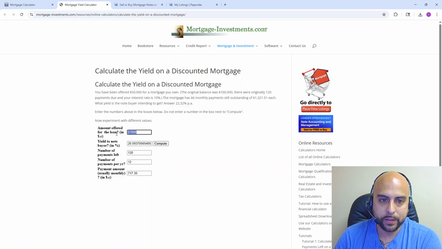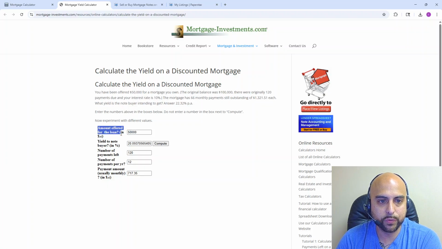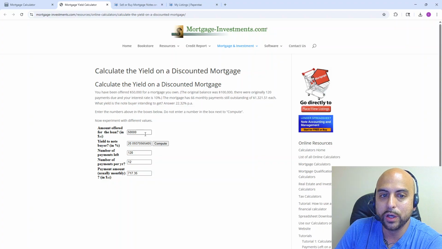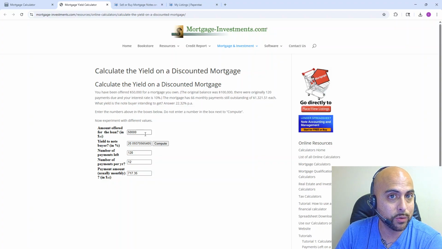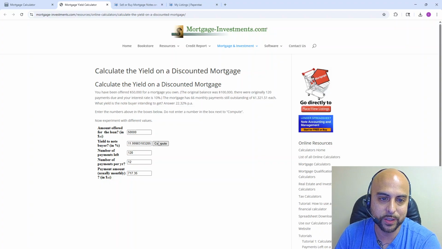And then finally, the amount offered for the loan. This is the number we're going to play with to determine the yield here. So I want to show something to you guys. If someone was to offer us $50,000 for our note, and remember our note's face value is $50,000 as well, we hit compute.